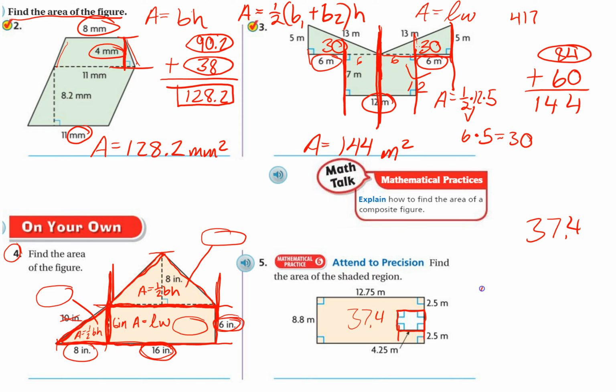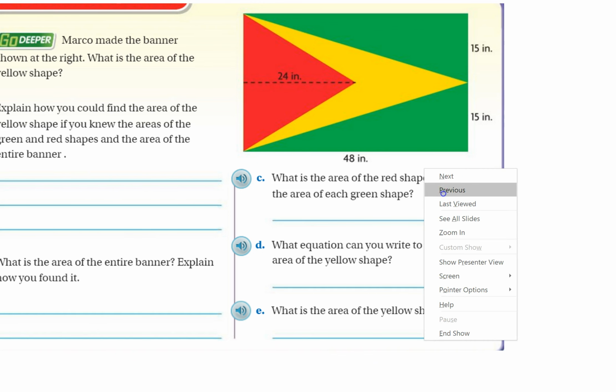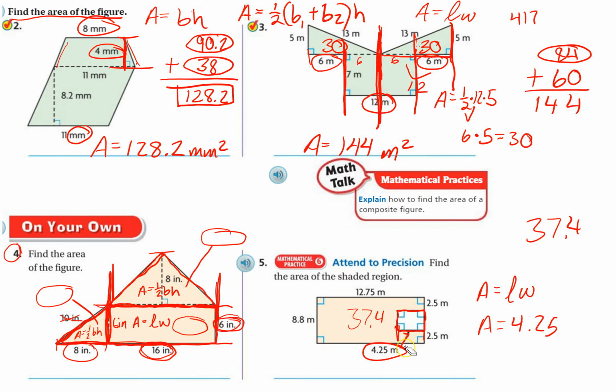So I have area equals length times width. I got my length here, 4.25, so area equals 4.25. It gave me that. Now, they did not tell me the length from here to here, but they told me this whole length is 8.8, and they told me each one of these little parts is 2.5.